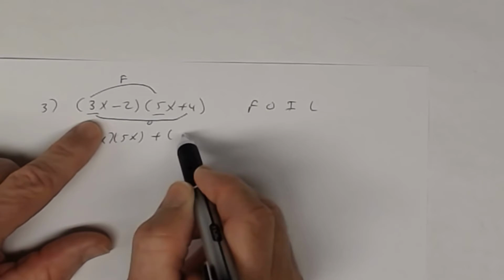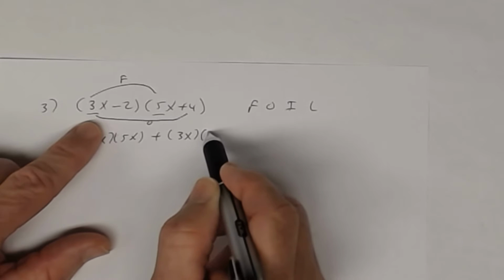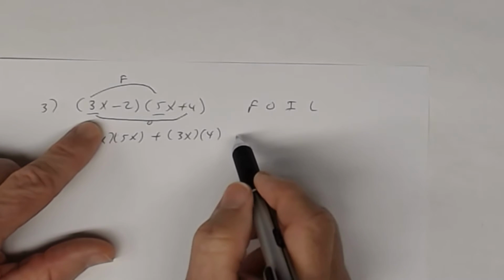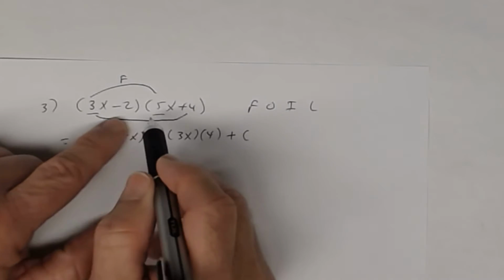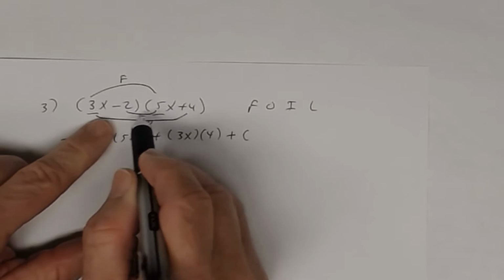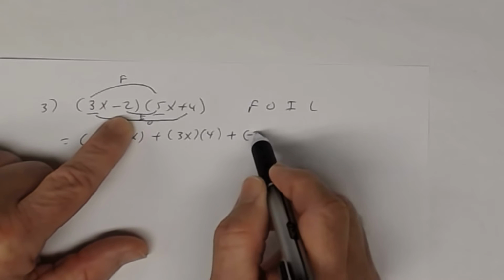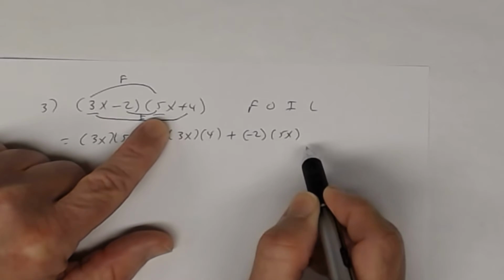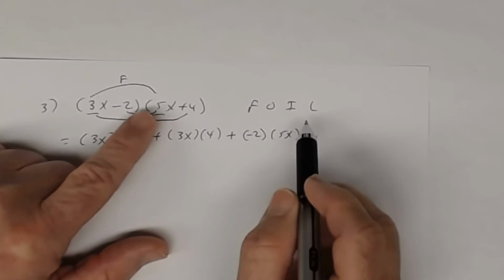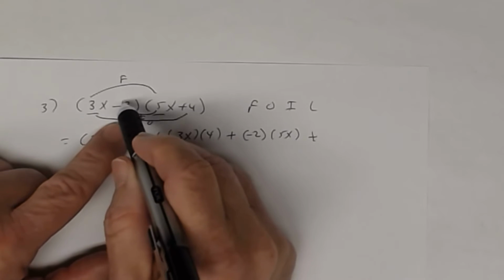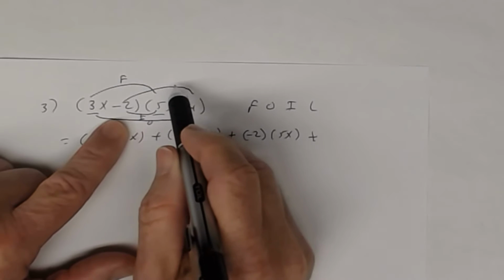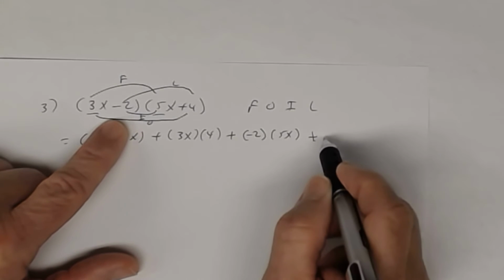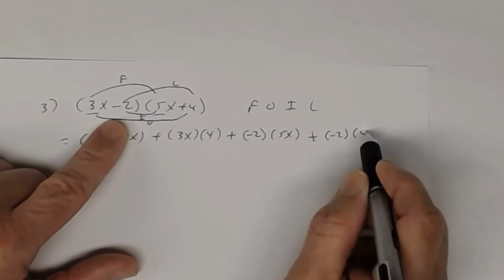My outer is 3x and 4, so multiply those together. Plus, then we look at the inner, the terms on the inside. So we multiply those together. So we're saying a negative 2 times 5x. And then plus, and then the last, the last terms in each binomial, so a negative 2 times a positive 4.